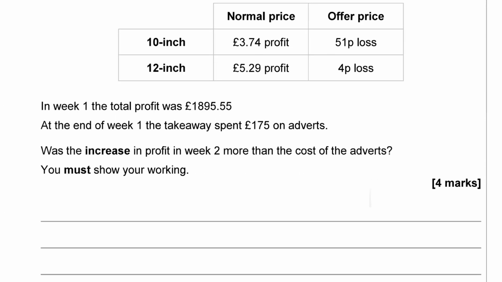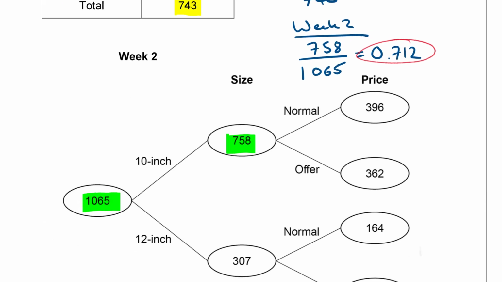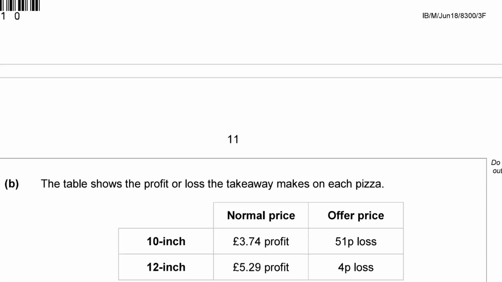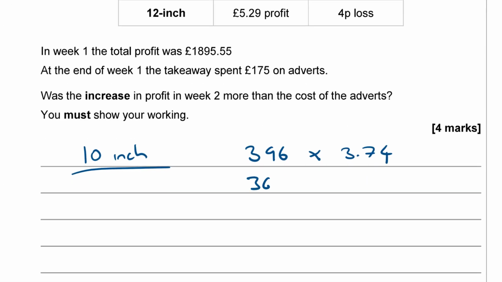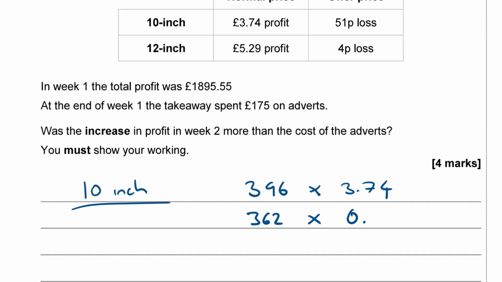So for 10-inch, 396 at full price, making us a profit of £3.74. And then we sold 362 on offer price, and the offer price loses us 51 pence. I'm going to make that a negative number, because it's actually negative profit, isn't it?